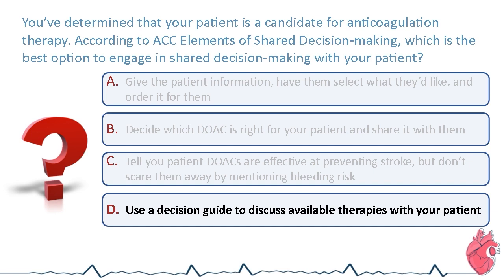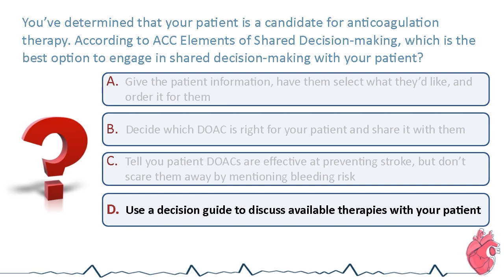A speaks about giving the patient the information and letting them decide before you order it. It does not cover the outcomes. It does not give you an opportunity to have a back and forth conversation. B would be similar. We're not in a dictatorship. This is a way to make your patient run from oral anticoagulation.